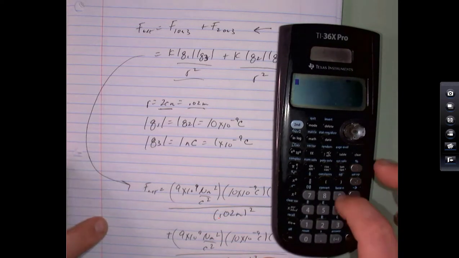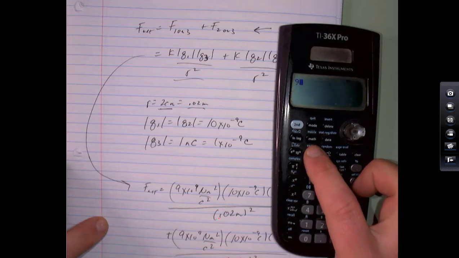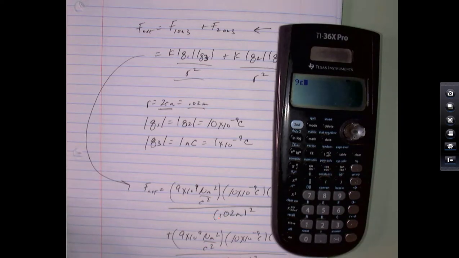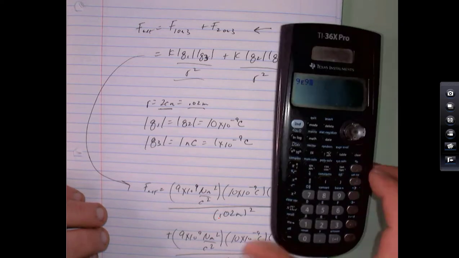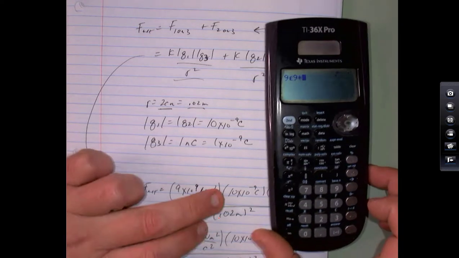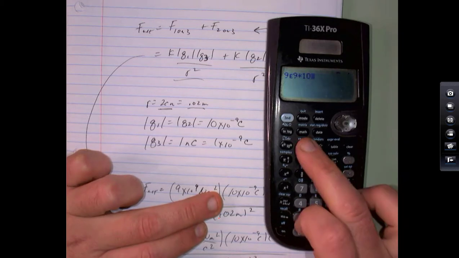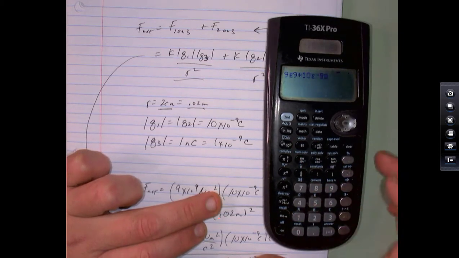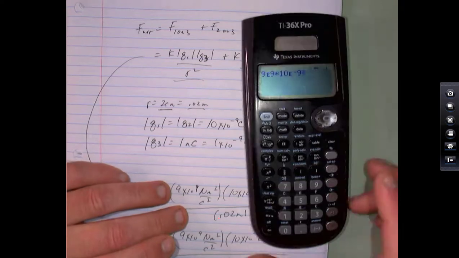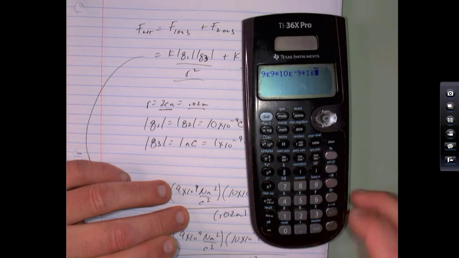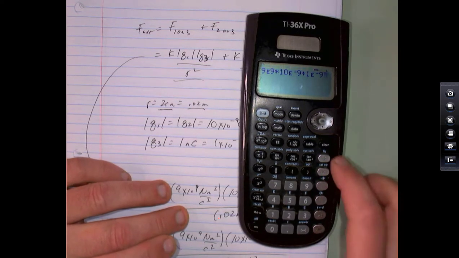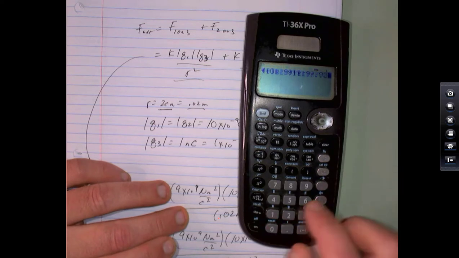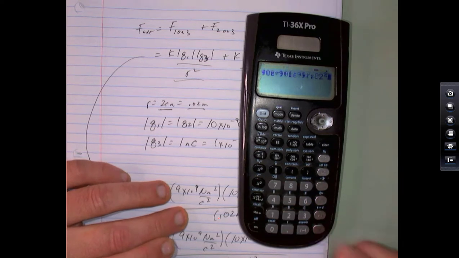So I would do 9, and then my calculator has this EE button, which means times 10 to the, and then I could put in 9th, and then times 10 EE minus 9th, 1 EE minus 9th. I'm using the minus here, not the subtract button, divided by 0.02 squared. That's the first part.